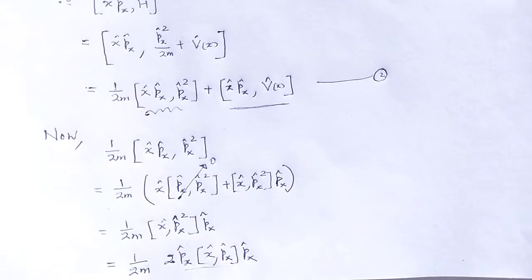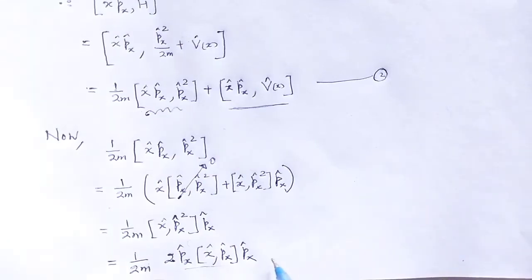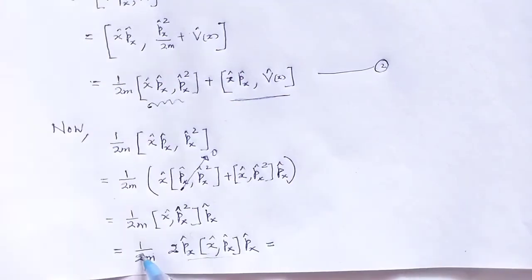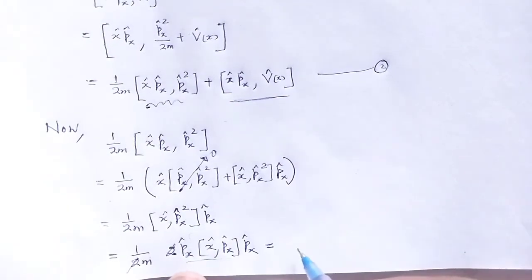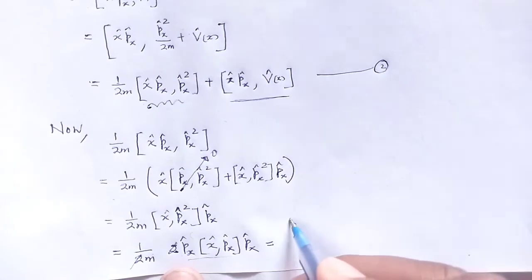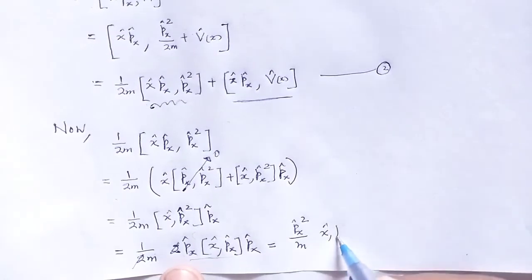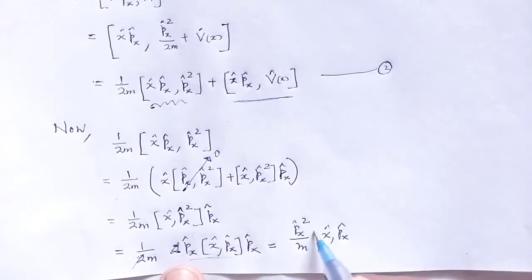Here the 2 cancels out, and we get px cap square divided by m times the commutation bracket of x cap and px cap.